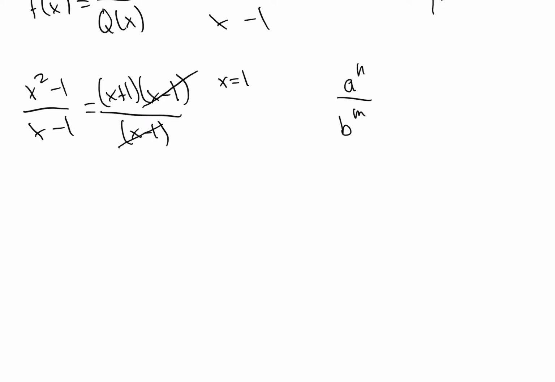So, if the degree of the numerator, n, is less than the degree of the denominator, the asymptote is at y equals 0. If the degrees are equal, you divide the leading coefficients to find the horizontal asymptote.